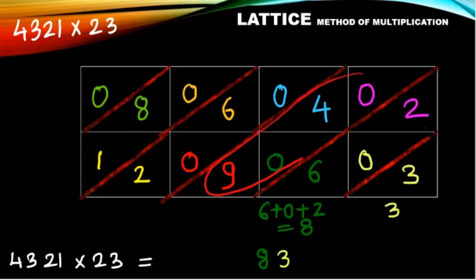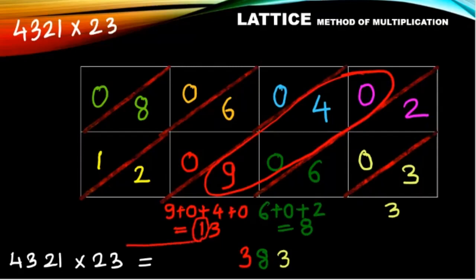Then we will consider the third diagonal column and we will add all the numbers 9 plus 0 plus 4 plus 0, that is 13. Here 3 will come in the answer and 1 will go as a carryover to the next diagonal column.